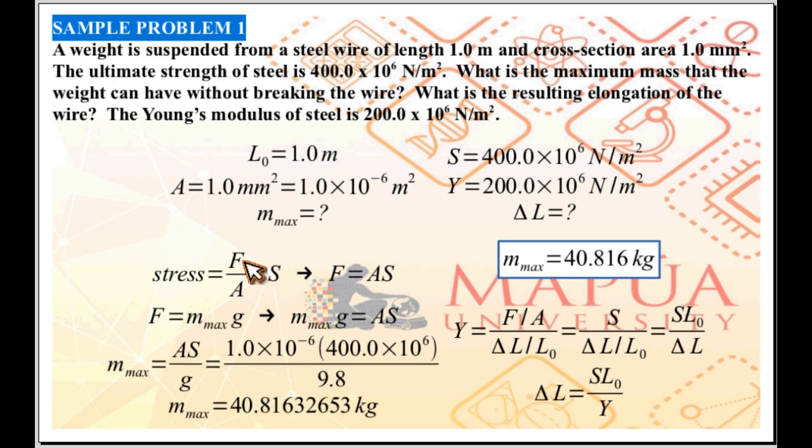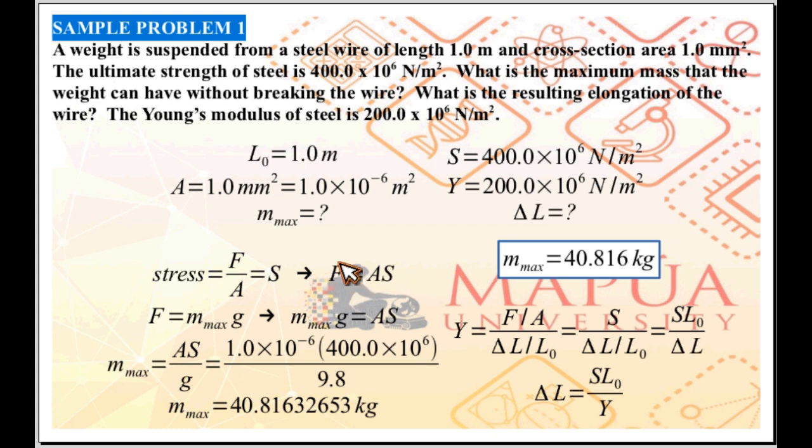Stress is just equal to F over A. The maximum stress that the steel wire can experience without breaking is given by the ultimate strength. So let's set the stress to be equal to the ultimate strength. So F over A is equal to S. Transferring A to the other side, we have F is equal to A S.